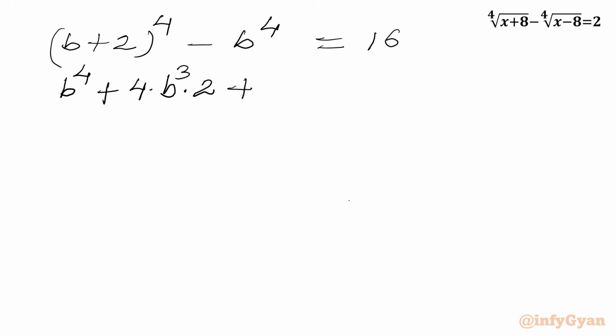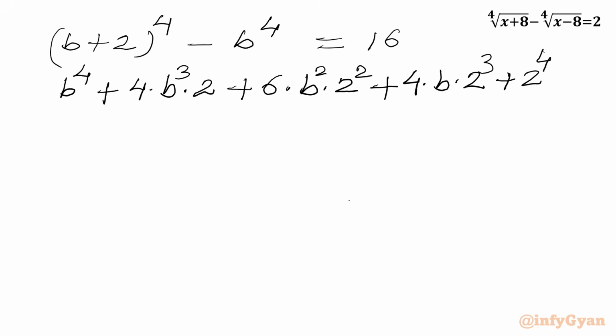Then we have 6 times b square times 2 square. Then we have coefficient 4, we'll write 4 times b times 2 cube. Then we have coefficient 1, we will write 2 power 4. Then we have minus b power 4 and the right hand side is 16.